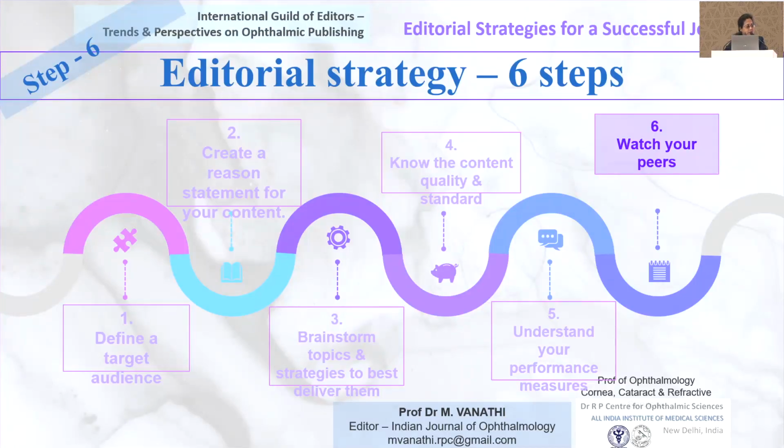And the last but not the least, as we do in every field, is to always watch our peers. I think IJO is still not up there. We broke beyond the 3, but consistently staying beyond the 3 is a challenge which we are facing, because the COVID advantage, which boosted the numbers for almost all journals in publishing, is something which we don't have right now.